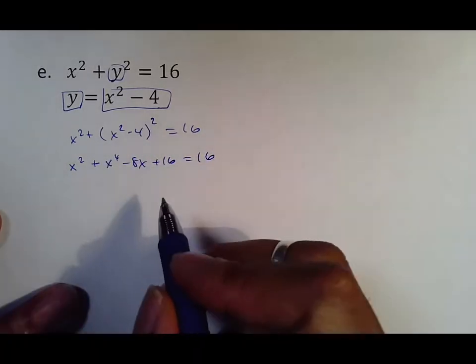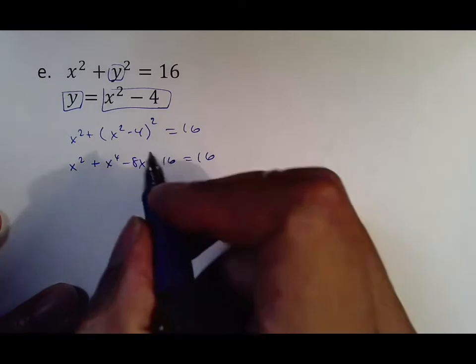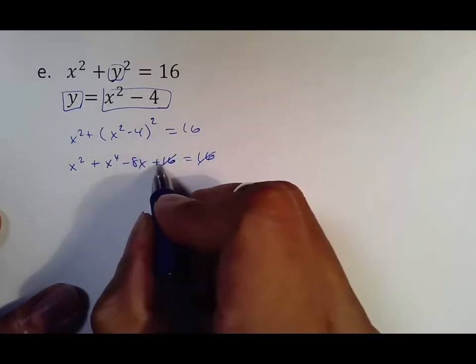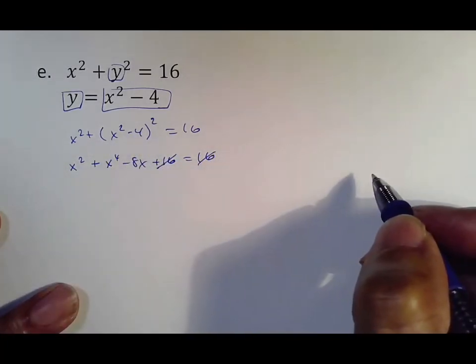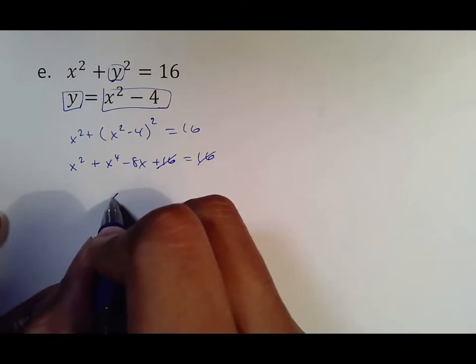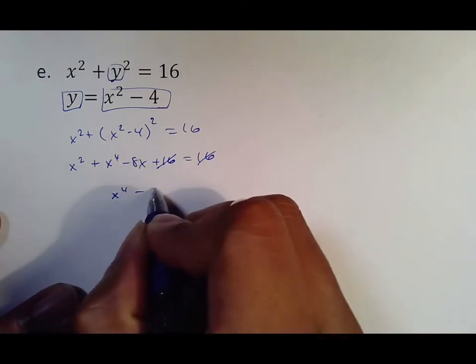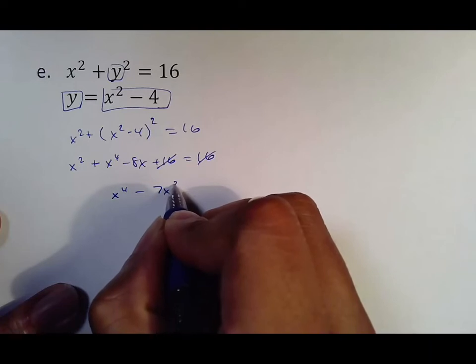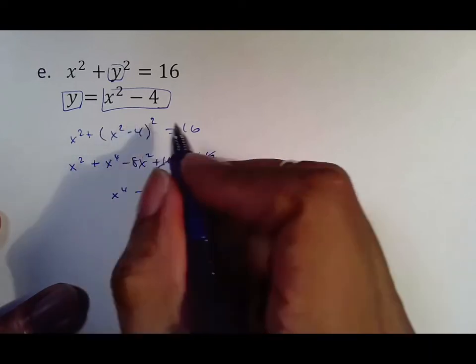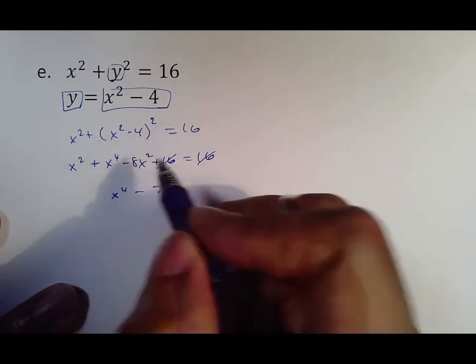Once again, you should see 16 on both sides, which pretty much means that both of these things will cancel, because if I were to subtract 16, it goes away, meaning that I end up with x to the 4th minus 7x squared, because that should be 8x squared, because it was 4x squared doubled, which is 8x squared.